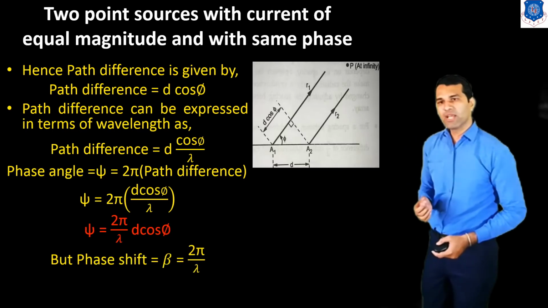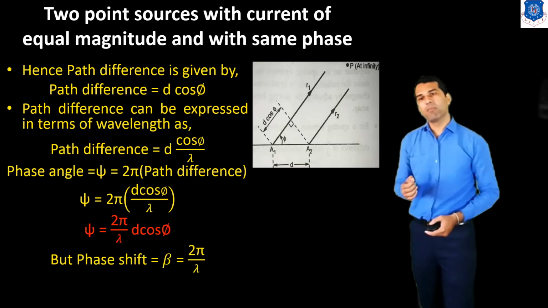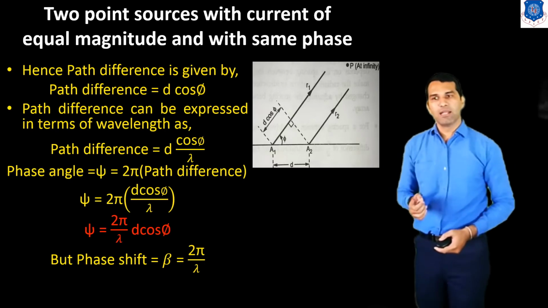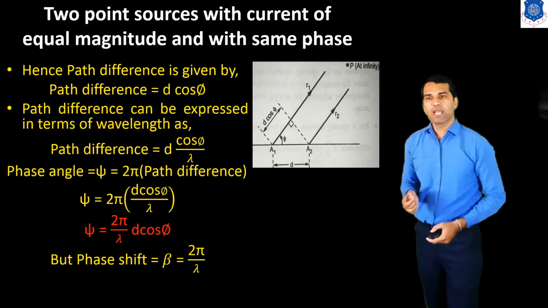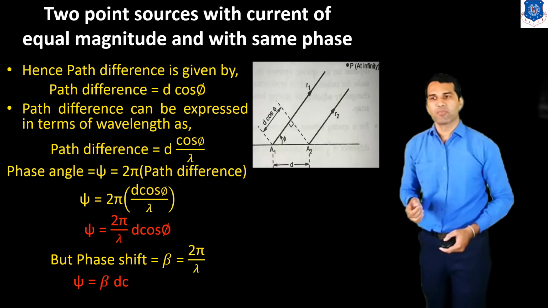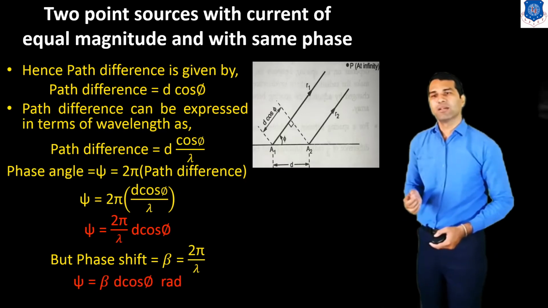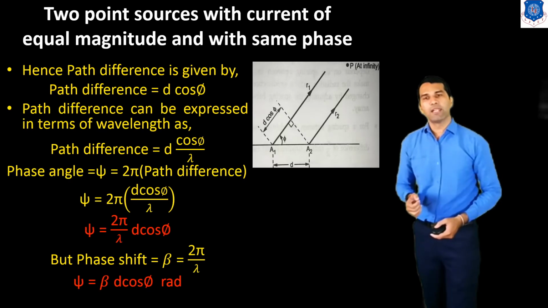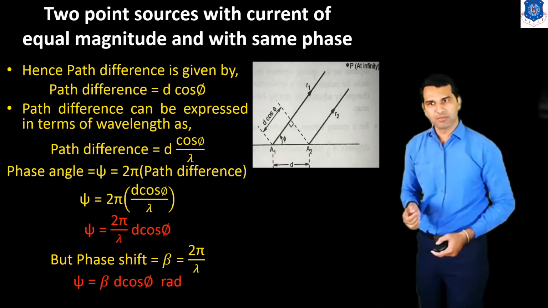The phase constant beta is equal to 2 pi by lambda. So instead of 2 pi by lambda we can write beta. Finally the phase angle psi is equal to beta d cos phi, and the unit for this is radian.